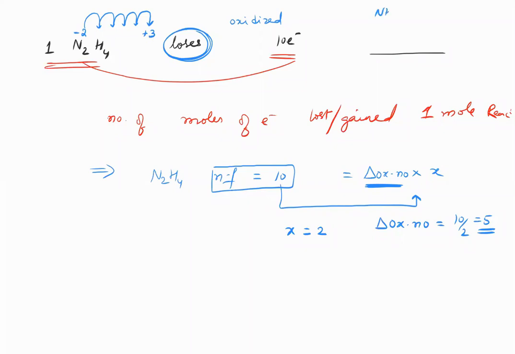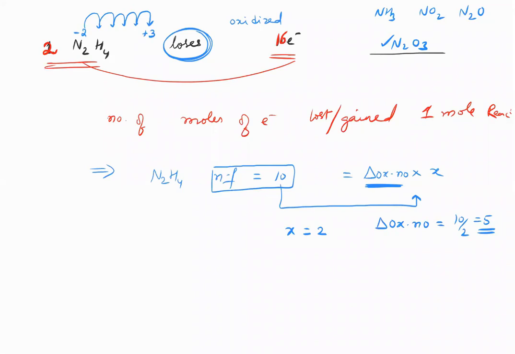So they might give you options: ammonia, NO2, N2O, and N2O3. So which one has oxidation state +3? N2O3.